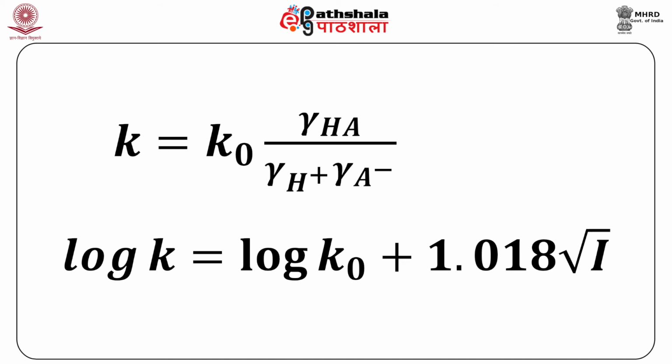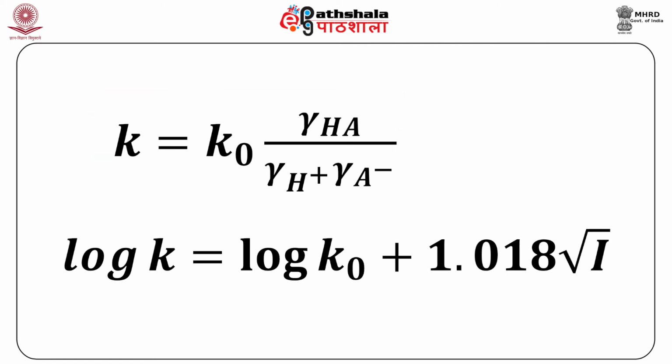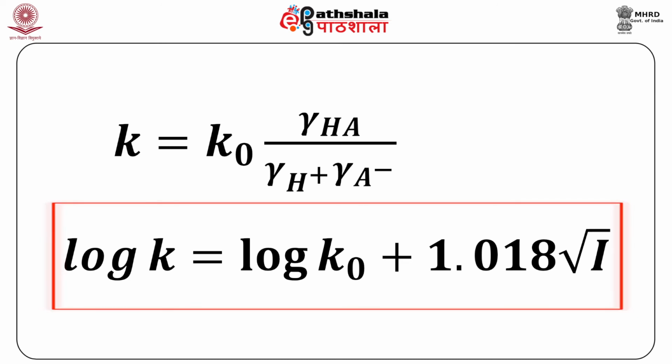Now, if we compare this equation with that obtained experimentally, where rate is equal to K into concentration A into concentration B, we obtain K as K naught into gamma HA upon gamma H plus into gamma A minus, where K naught again is the rate constant in absence of secondary salt effect, but it includes the primary salt effect. This equation at 25 degrees Celsius takes the form log K is equal to log K naught plus 1.018 into under root of ionic strength.